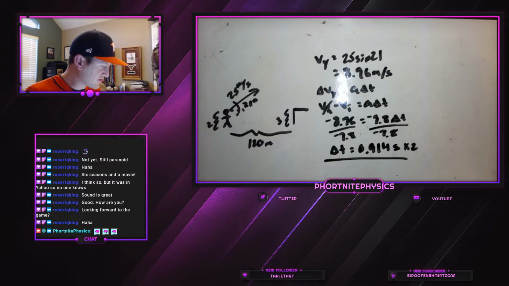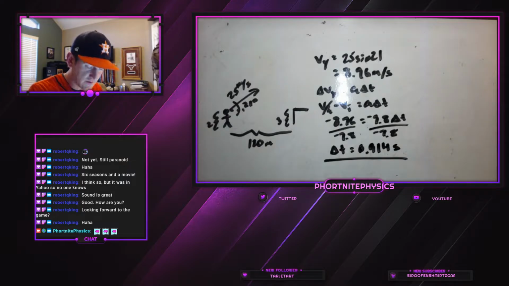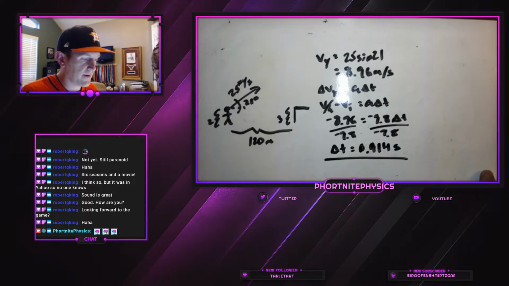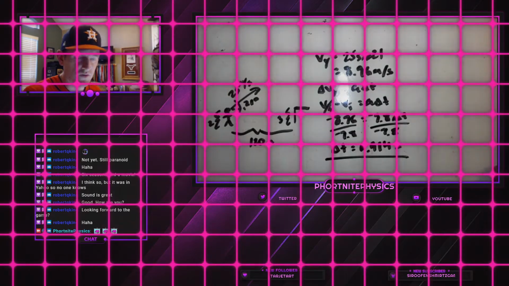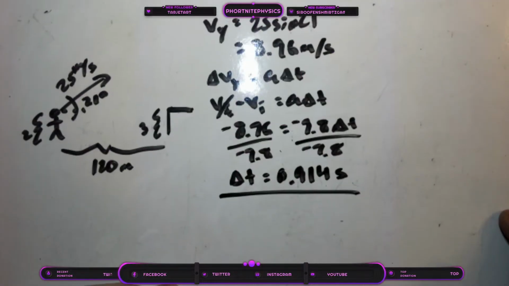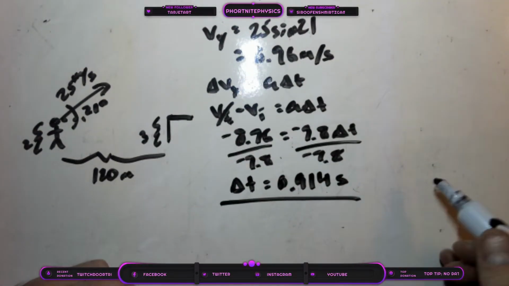Although, because it actually starts 2 meters up off the ground, what I want to do is hold off on just how long that is. Okay. So we know that it travels upwards for 0.914 seconds. Okay, but that's how long it takes to go up.